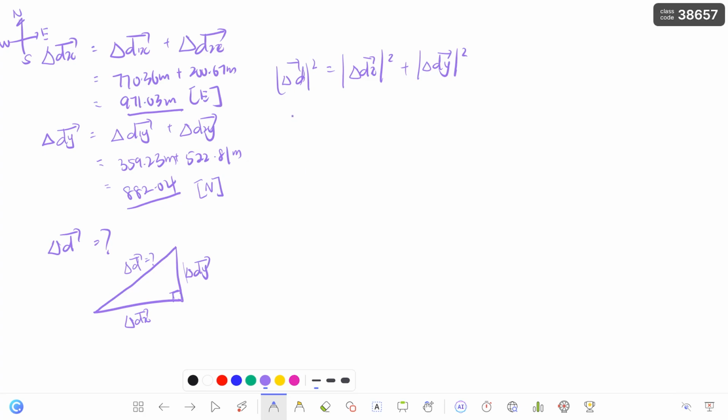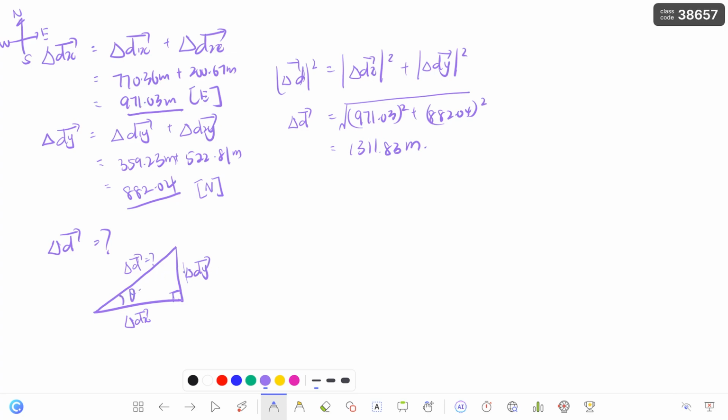Delta d is equal to 971.03 squared plus 882.04 squared, and then you square root the answer. So the answer should be 1311.83 meter.